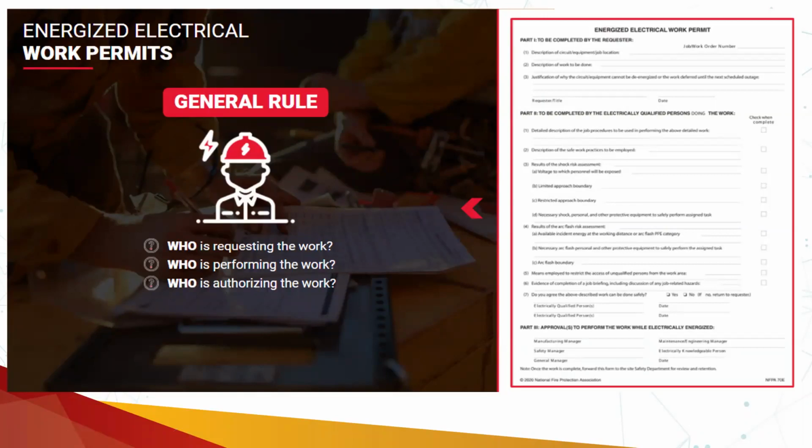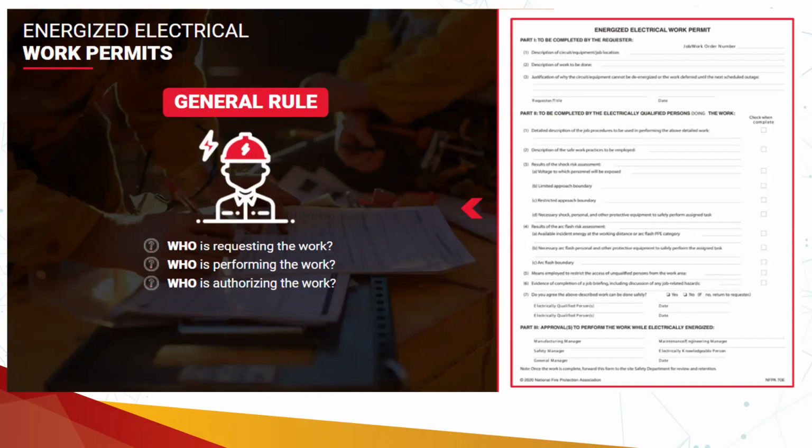The authorization responsibility is shifted to a person other than the qualified person because a qualified person should not authorize their own work. Qualified persons are there to perform the risk assessment and to give their opinion on whether this task can be performed live or not.